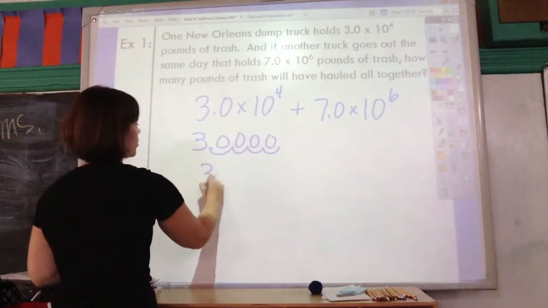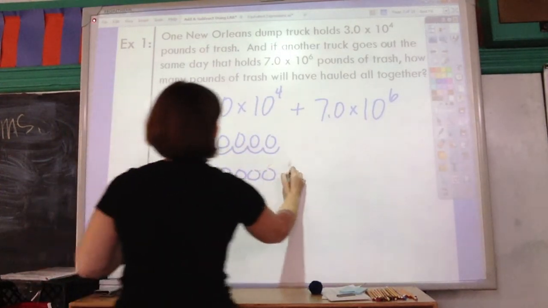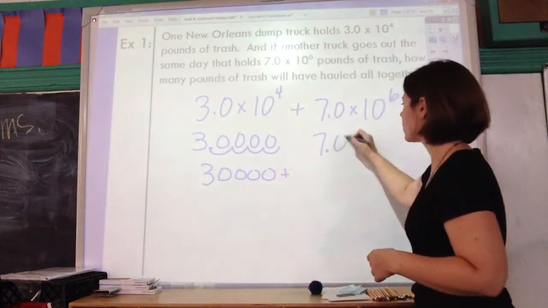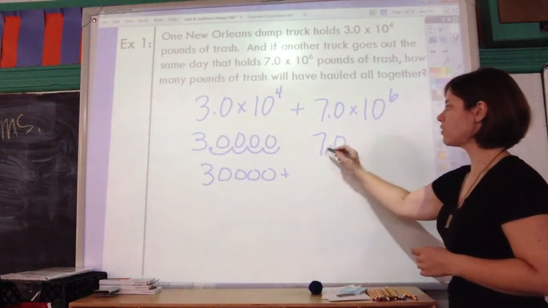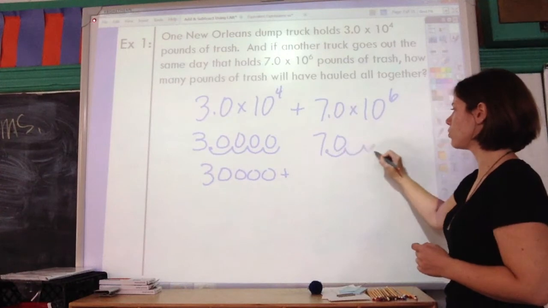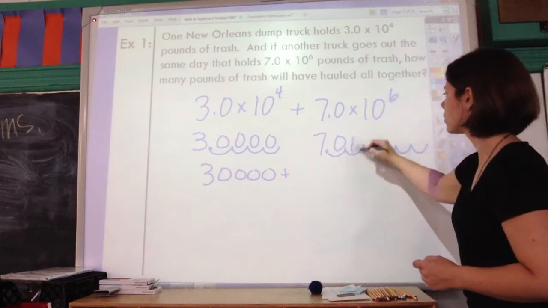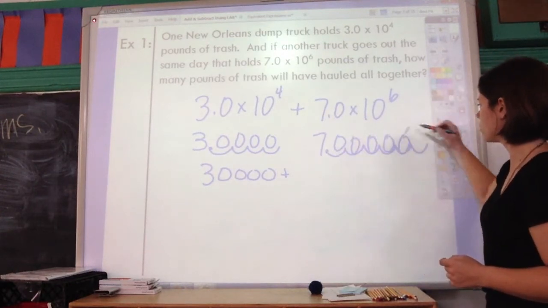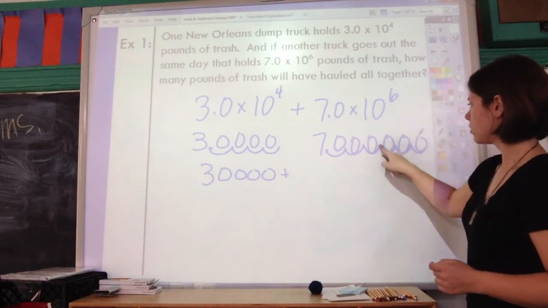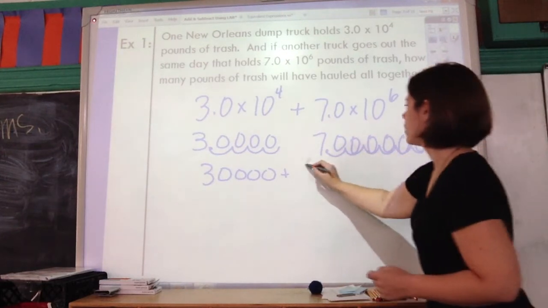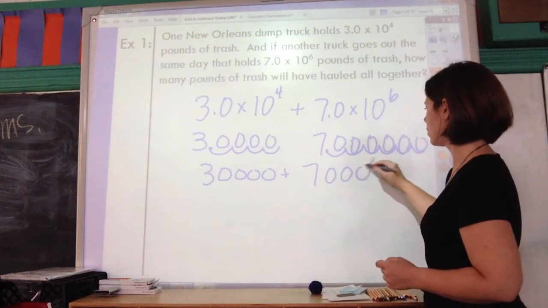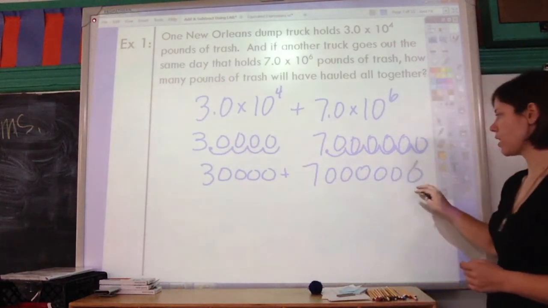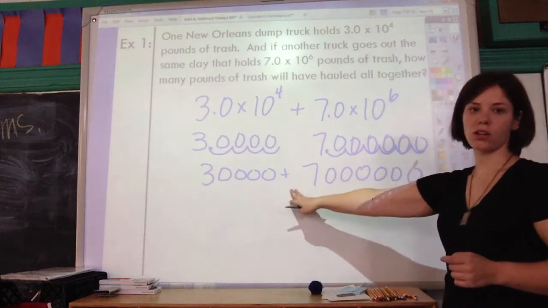So this is 30,000 plus 7 times 10 to the 6th. Exponent's positive, I'm making this number greater. 1, 2, 3, 4, 5, 6. Perfect. That means I have 7 million plus 30,000.